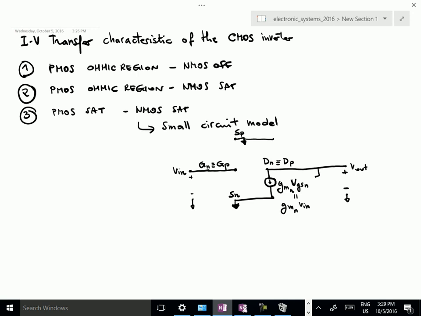And then in parallel to it we have a resistance R output N, the output resistance of the equivalent circuit of the NMOS.